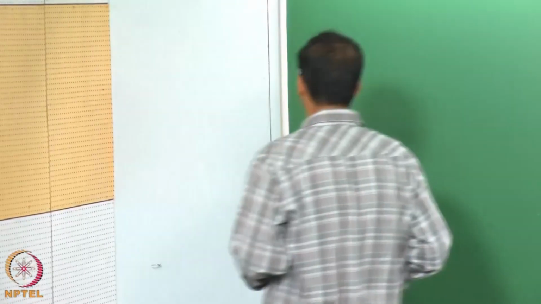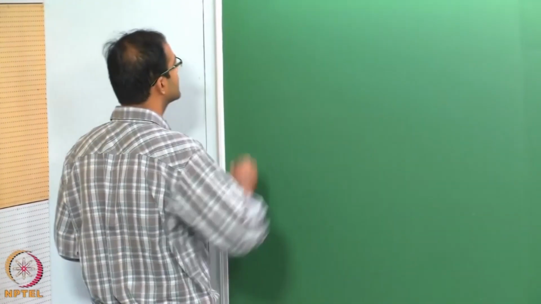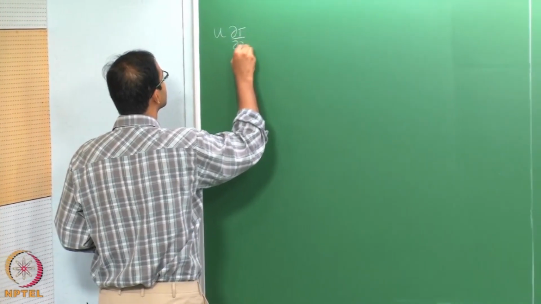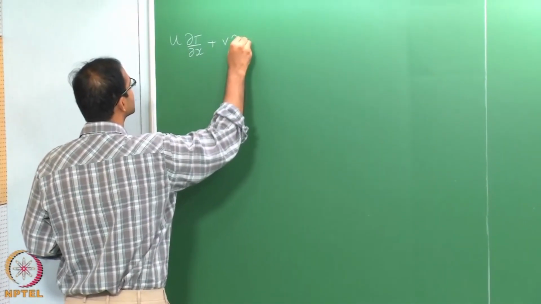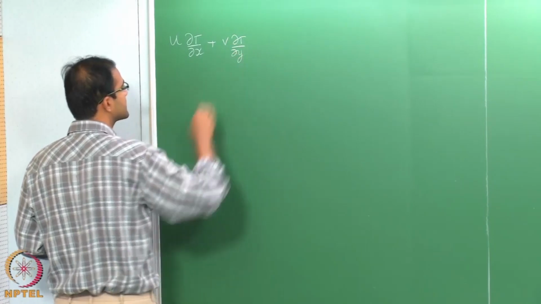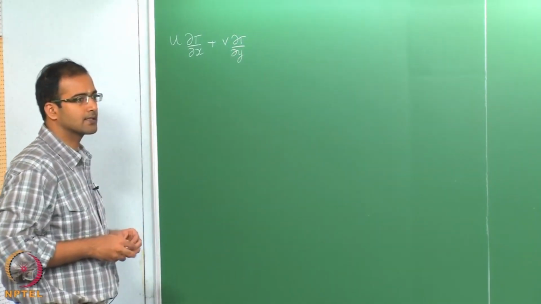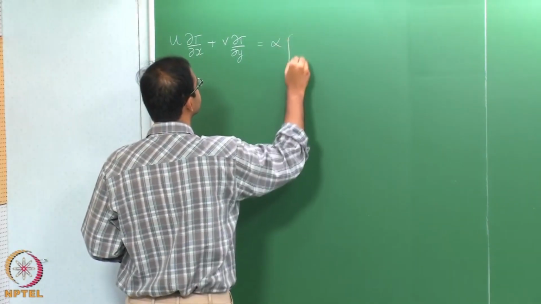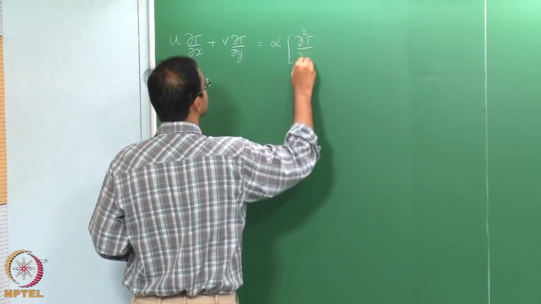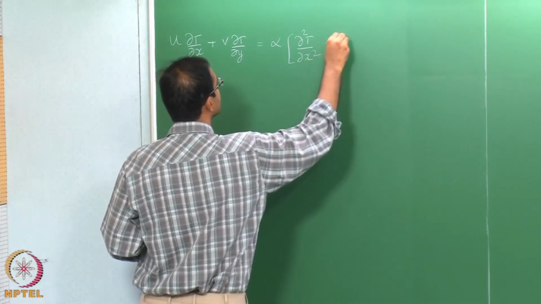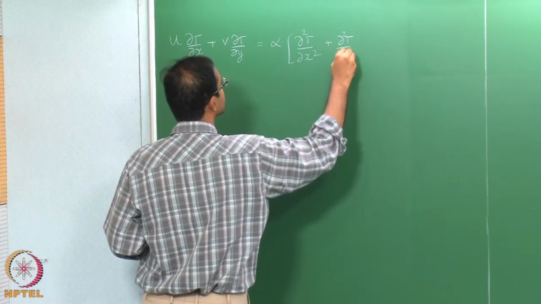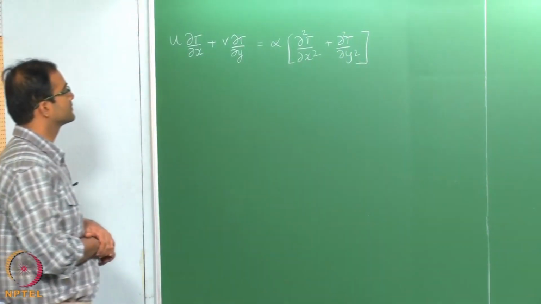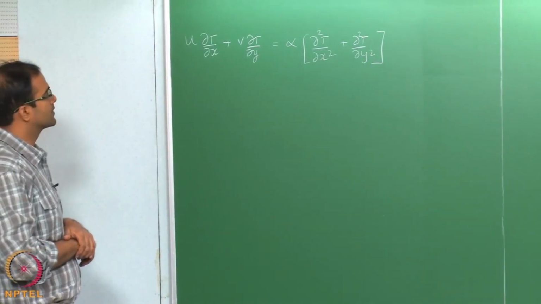When we look at the energy equation, it is u dT/dx plus v dT/dy. This is the two dimensional steady state incompressible energy equation, equal to alpha into d²T/dx² plus d²T/dy².